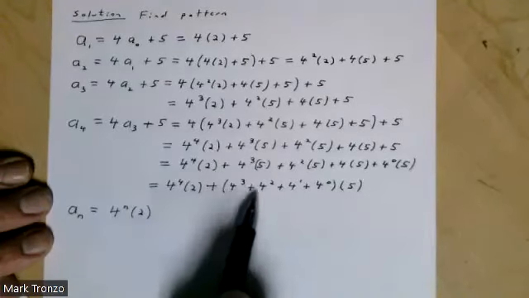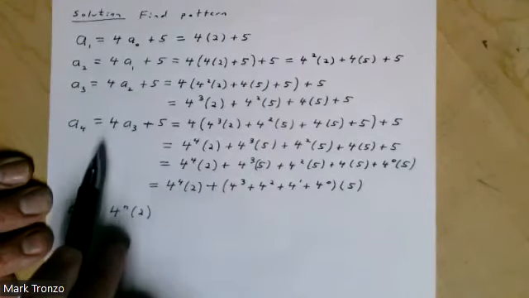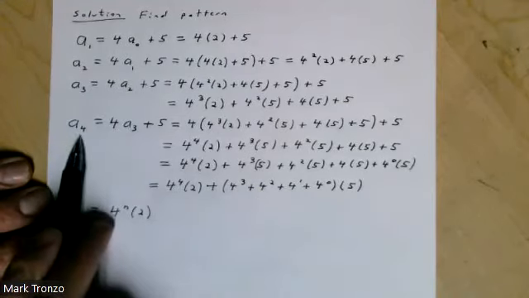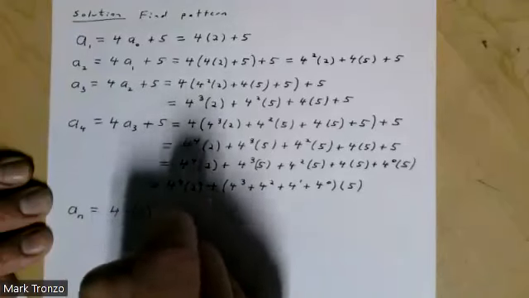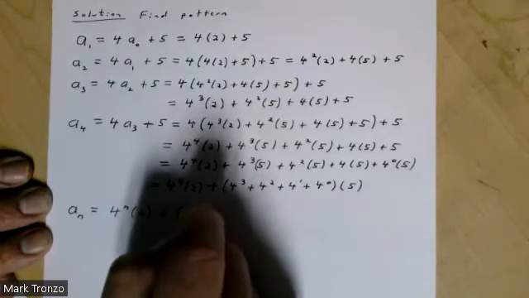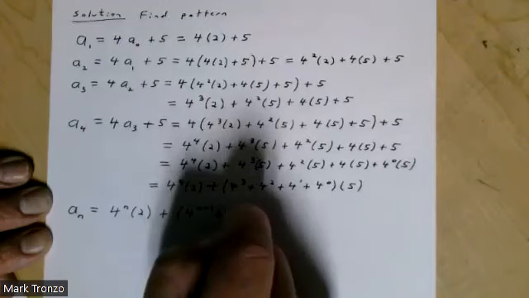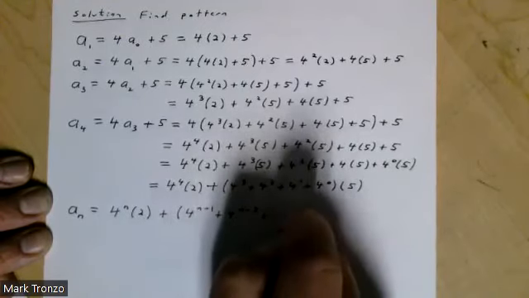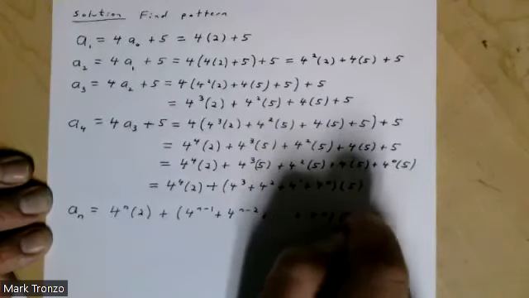And then notice what we have over here. This starts at n minus 1, because here we had a 4 and this was a 3. So that's going to be 4 to the n minus 1 plus 4 to the n minus 2, all the way down to 4 to the 0 times 5.